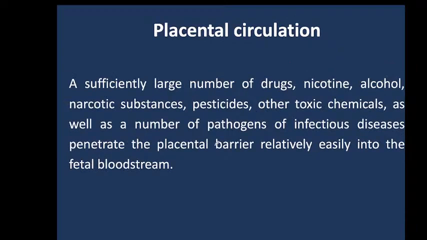Placental circulation usually brings some of the nutrients like proteins, and it's possible to transport proteins, but sometimes substances like alcohol, narcotic drugs, pesticides, or toxic chemicals can also pass through the placental wall, or placental barrier, as we call it, and this is a potential danger for the fetus.